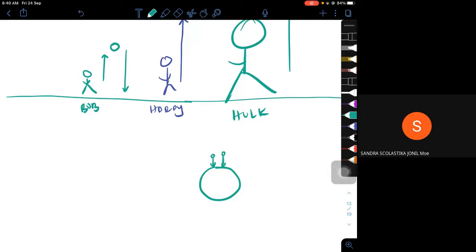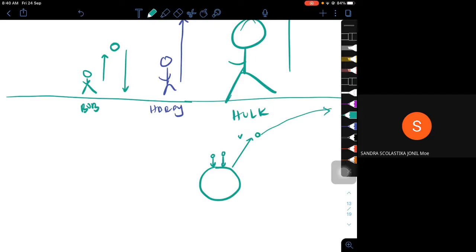Tapi bila Hulk baling, dia baling lah bola tu naik atas dengan velocity V. Lepas tu what happened to the ball? Ball tu tak patah-patah balik dah ke bumi. What happened, dia pergi terus ke universe, pergi terbabas kat dekat mana-mana lah. Okay. So that is what we meant as the escape velocity.